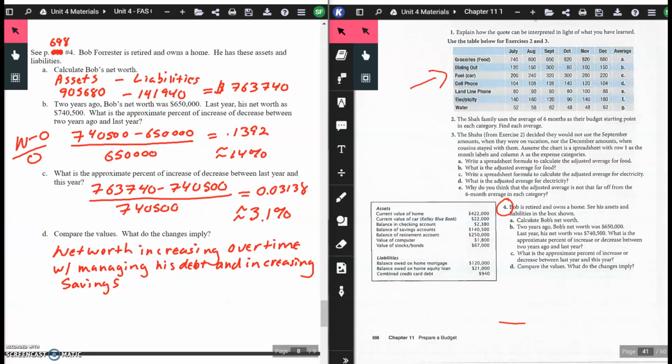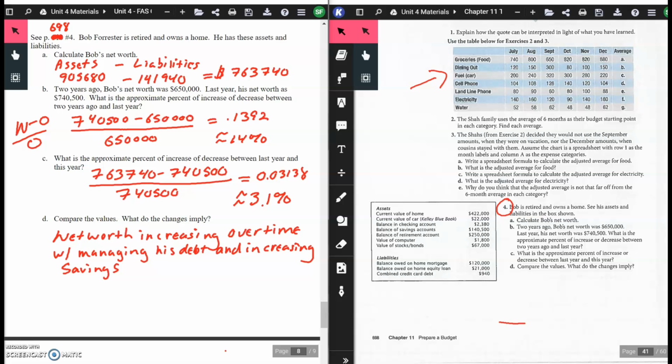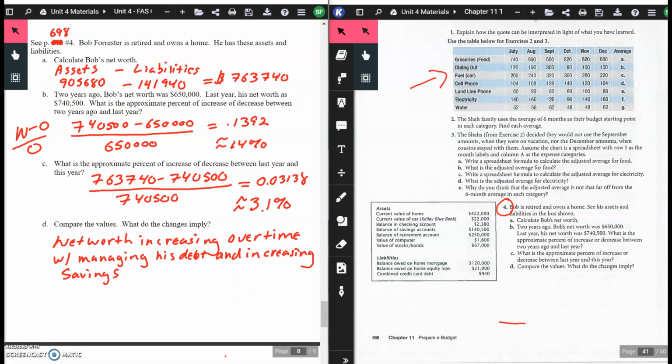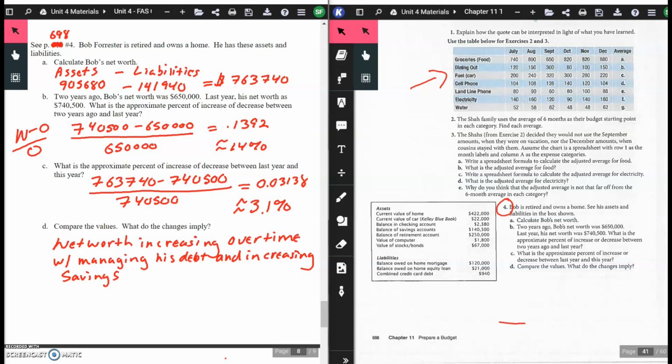Part C, what is the approximate percent increase between last year and this year? This year the new is $763,740 minus last year's $740,500 divided by the old of $740,500, which gives you a percent increase of 3.1%.